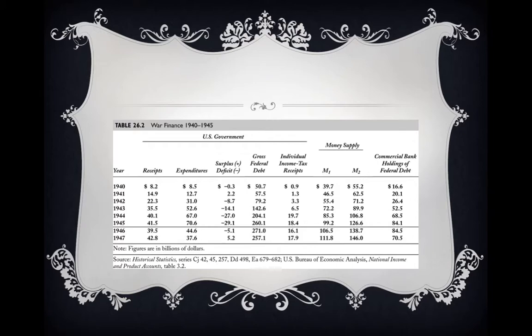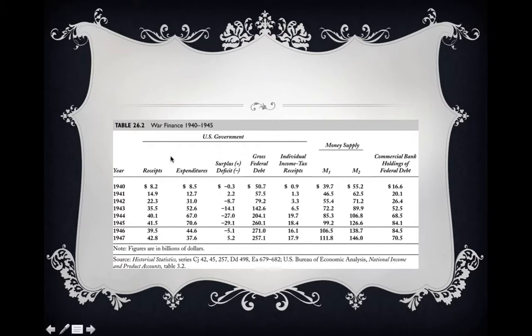All right, and you can see also where's a major source of that money that's coming in? Income tax receipts. 19-fold increase in income taxes paid by individuals during that time period. And what do we see with the money supply? A 2.5-fold increase in the money supply during this time period.